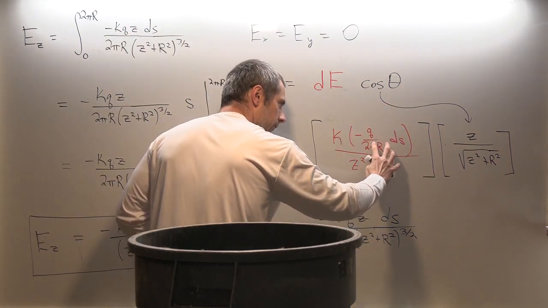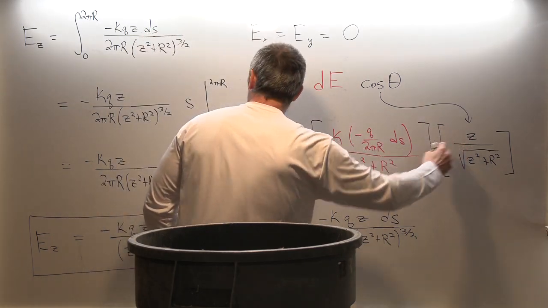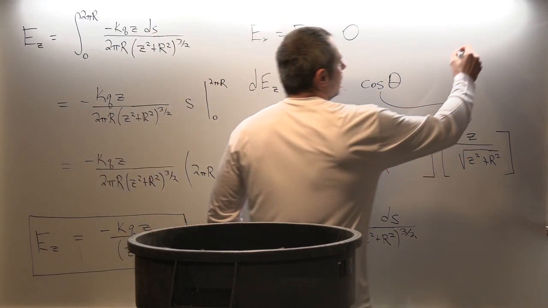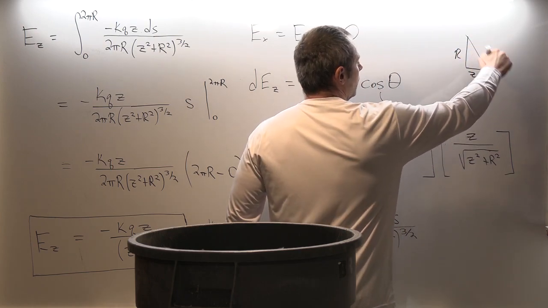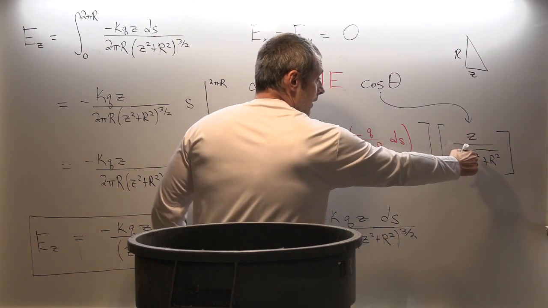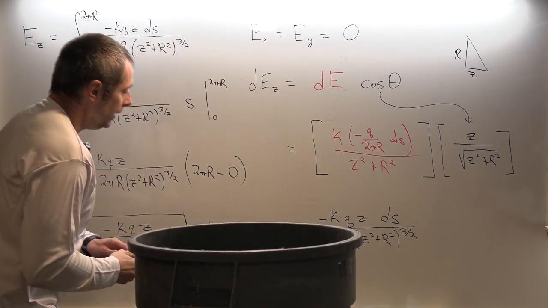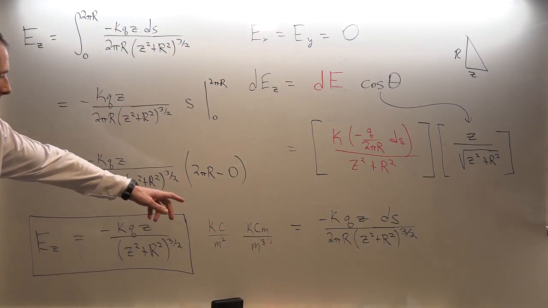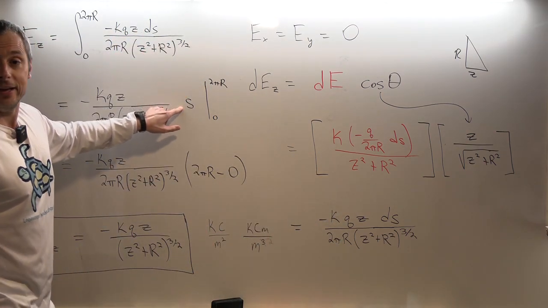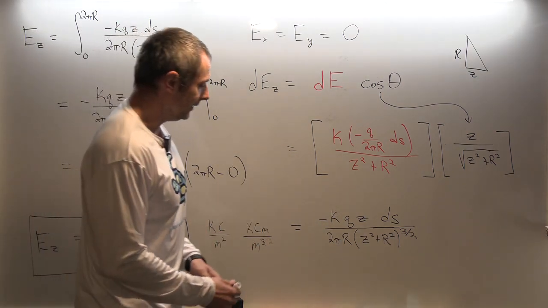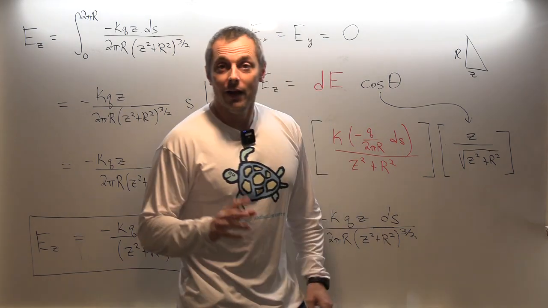Always you use kq over r squared. And then with the trig function, we were able to get rid of the cos theta: z over r, and then the square root of it. So that's cosine theta right there. Then we integrated the final expression here, and it was just ds to s. Nice, easy integral. And that's the electric field on a ring.